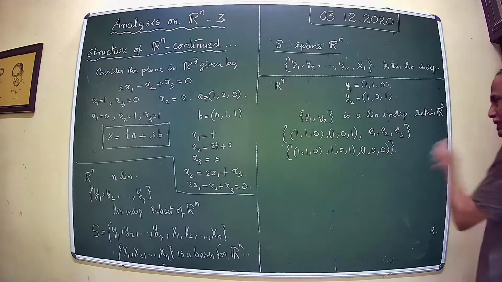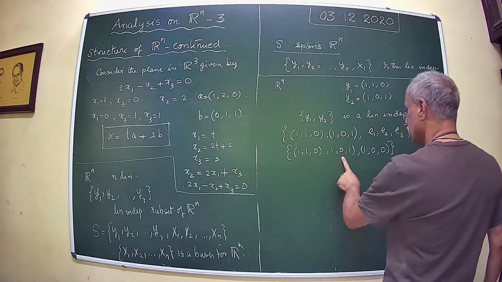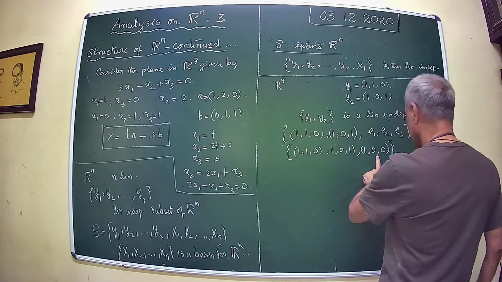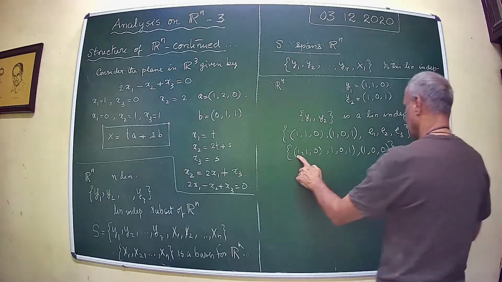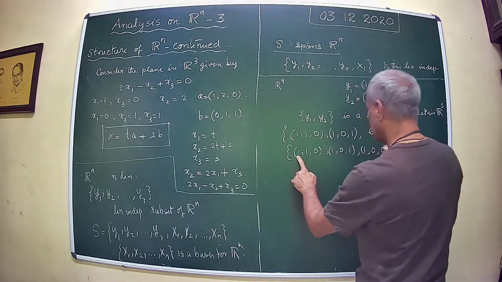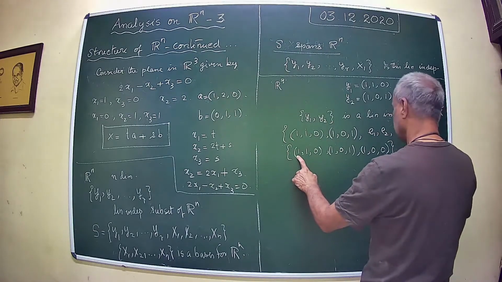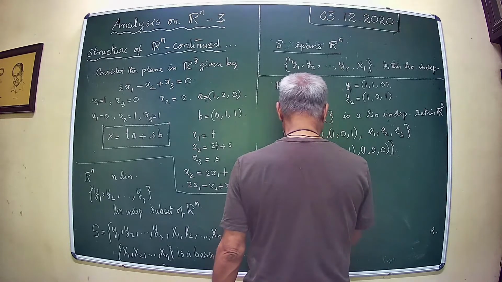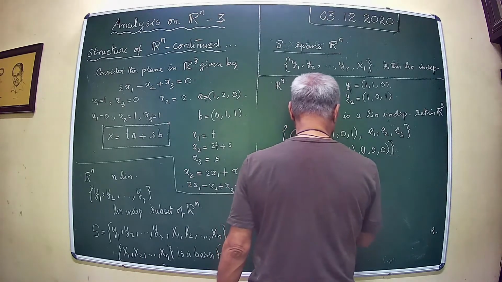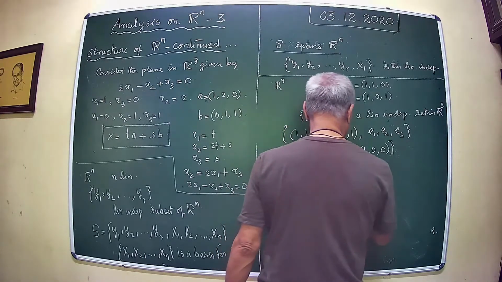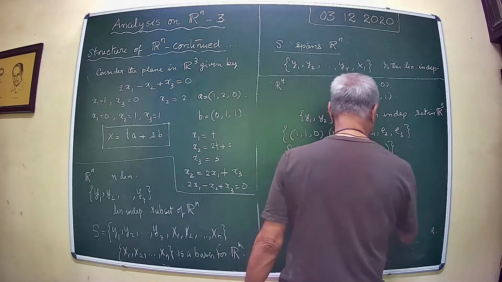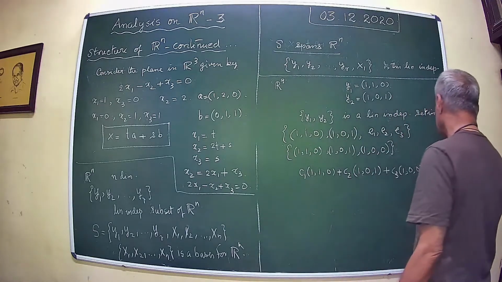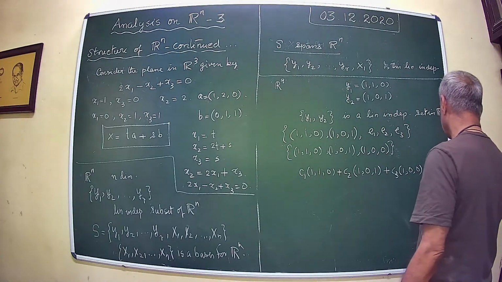So you get C1 this plus C2 this plus C3 this equal to 0, which equals 0, 0, 0.